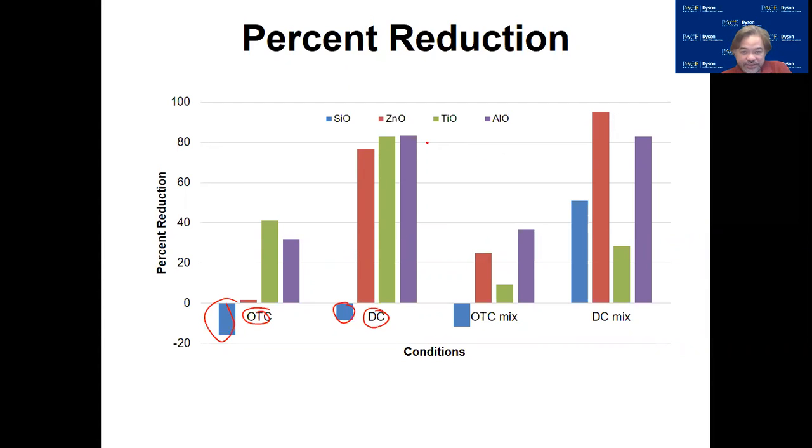So this is a mix and this is on its own in terms of DC. The titanium oxide is much better if it's on its own compared to when it is mixed, which makes sense because you're not competing for the binding sites. Your DC will just be competing with itself. It's not competing with the OTC when you mix it with the OTC.